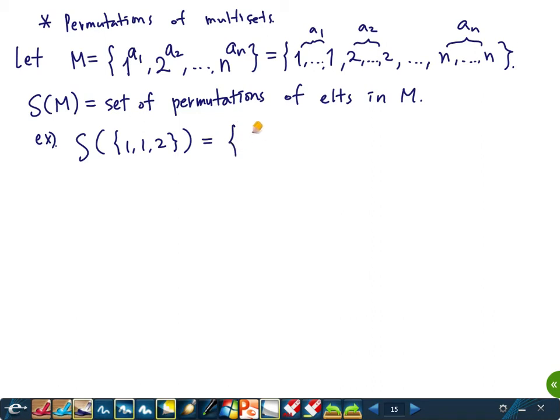Then it's going to be 1, 1, 2 or 1, 2, 1, or 2, 1, 1. It's like that. So it's the set of all permutations of the multiset. Okay?